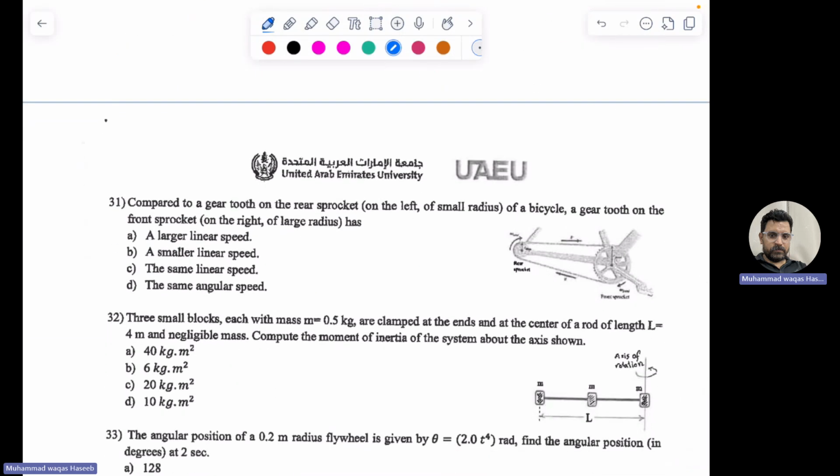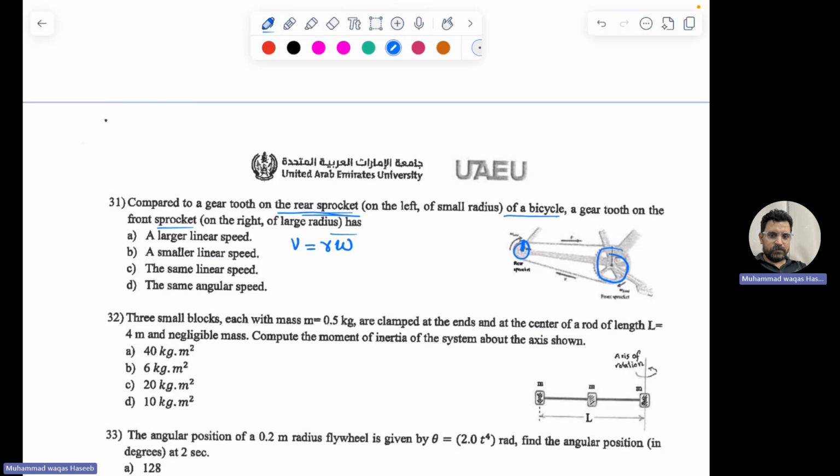Question number 31: compared to the gear tooth on the rear sprocket of a bicycle, the gear tooth on the front sprocket has this. Now if you apply the linear relation with the angular relation, v equals r omega, we have two things.